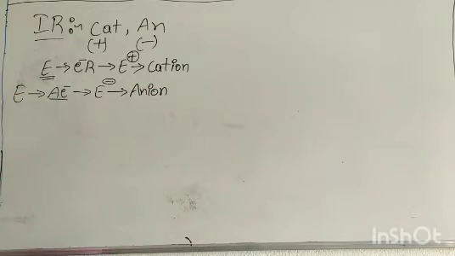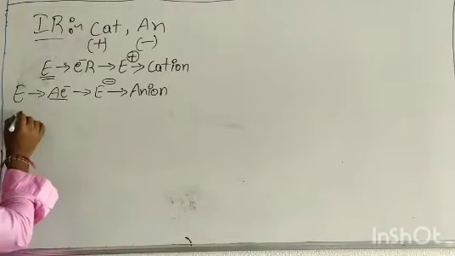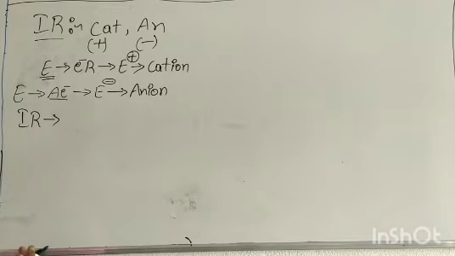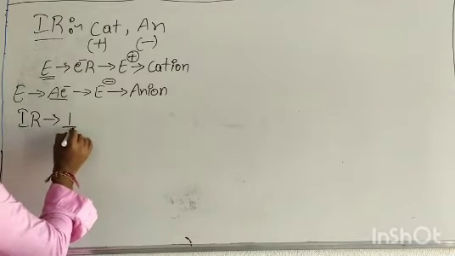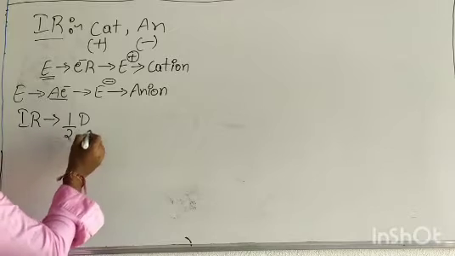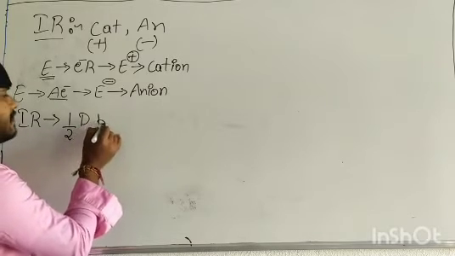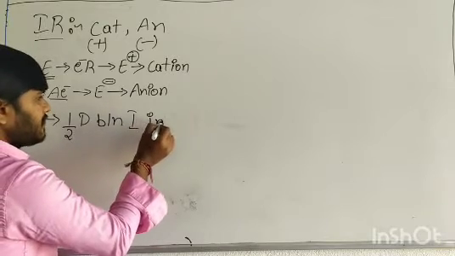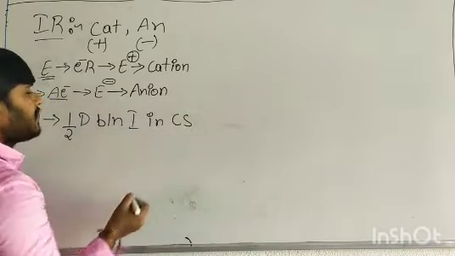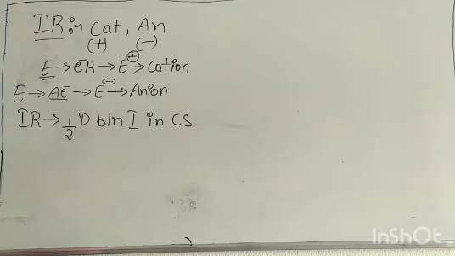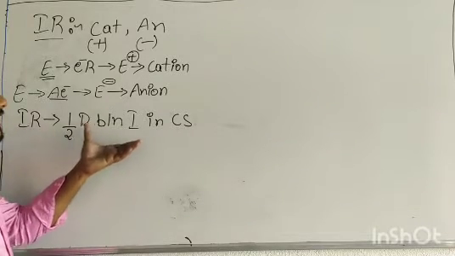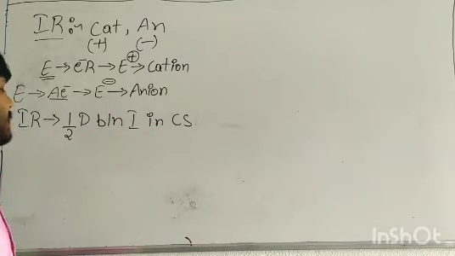Then to measure the ionic radius, again the same thing: it is half of the distance between the ions in the crystal system, or crystal lattice.